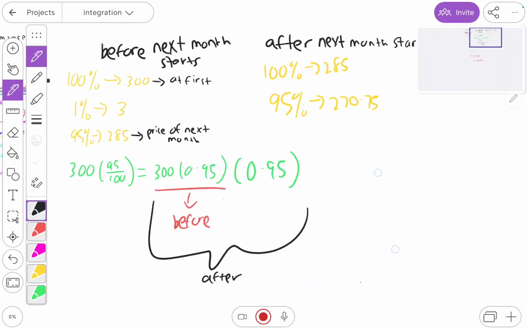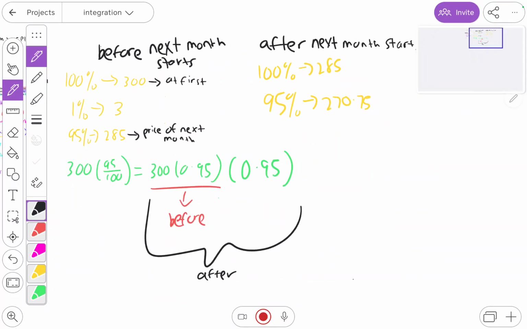Okay, so you notice here, right? If you notice, we can actually simplify these two, the 0.95 and the 0.95. We will eventually get 300 times 0.95 squared. Okay, what do I notice? You notice that in the first month, the price of the next one is 285, right?